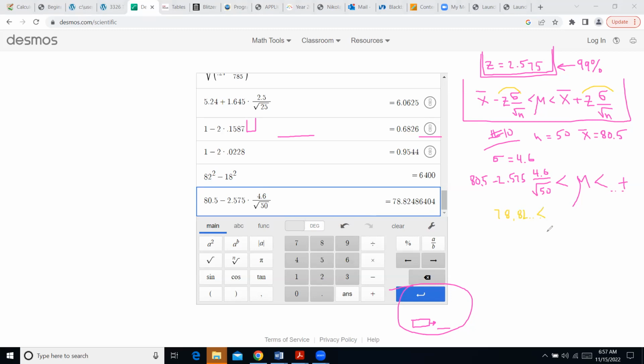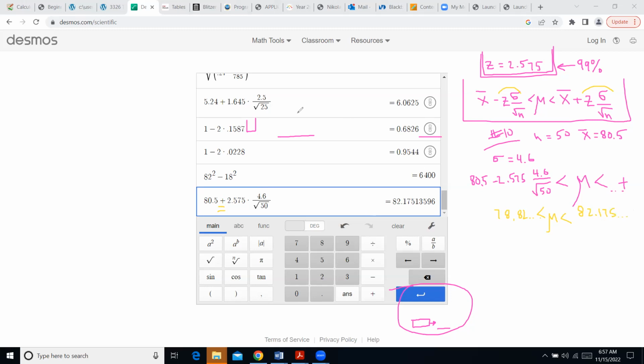And then for the other side estimate, I have to change the minus sign to a plus. So I'm going to just delete this minus and enter plus. And the calculator right away gives us the other side. So it's 82.175, etc.